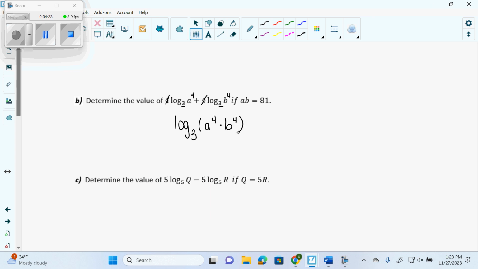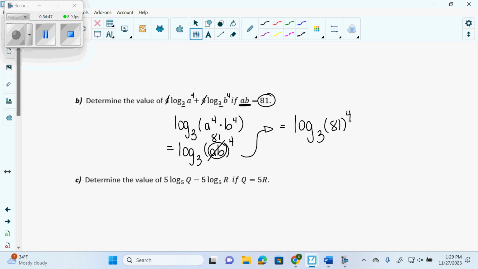The problem is I can only replace an ab, so I need to rewrite this as ab to the 4. Then instead of ab in here, I can replace it with 81. So I actually get log base 3 of 81 to the 4, which equals what?